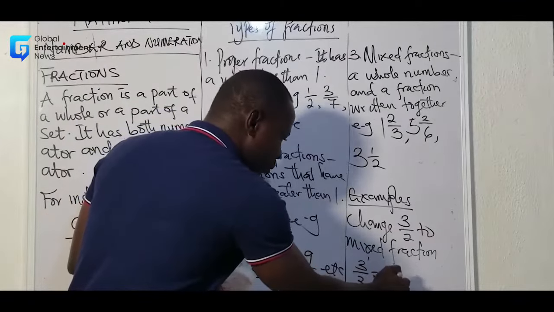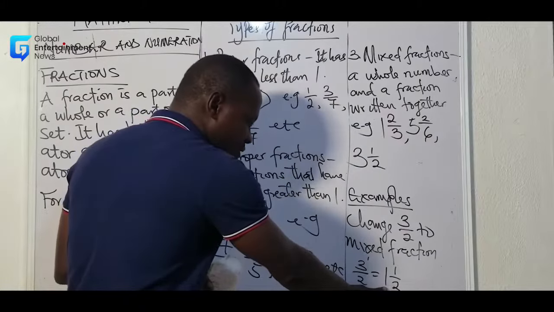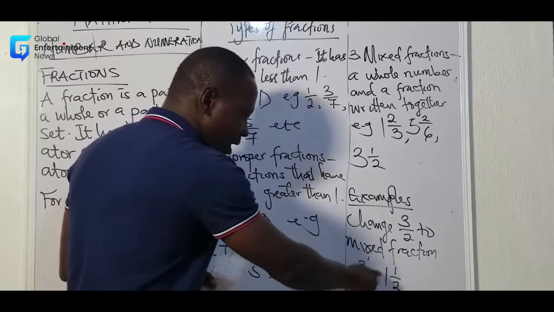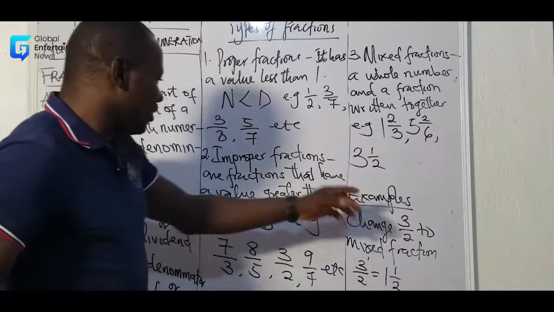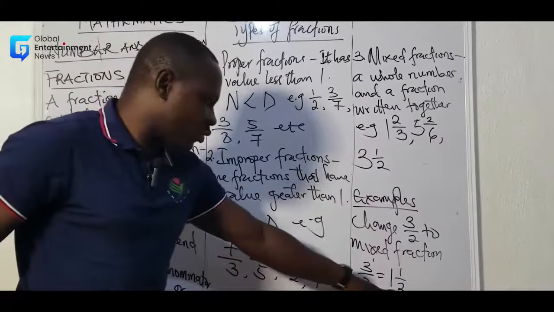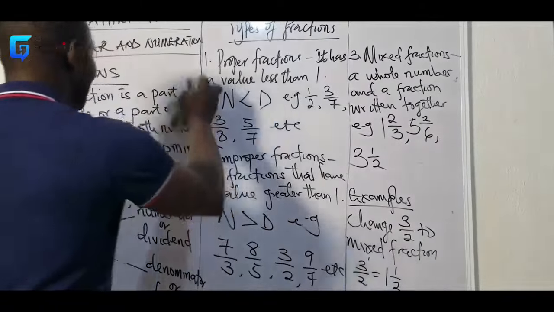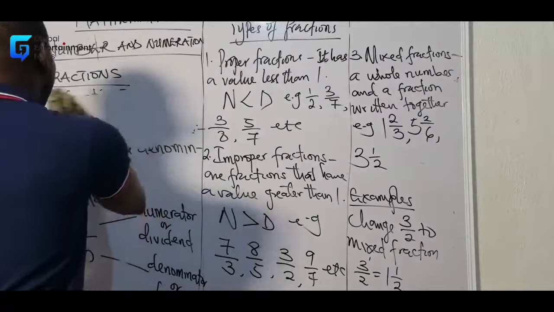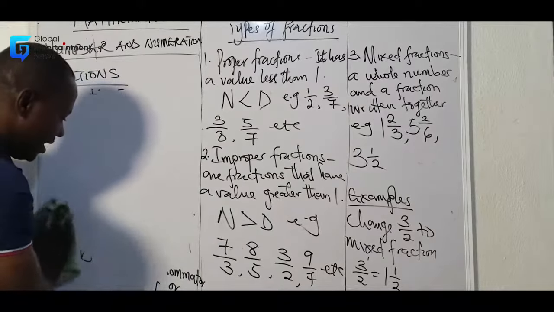So you now say 1 all over 2. That means 2 in 3 is 1 whole number, and what remains is 1 all over 2. You can see that we turn this improper fraction into a mixed fraction. Let me give you another example.